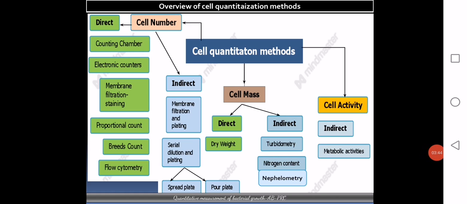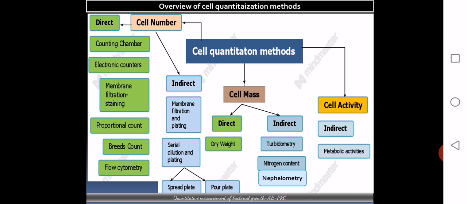This is the overview of various methods performed in laboratories for cell quantitation. A few of them are commonly executed in laboratories, and many others are performed only for research purposes, right?